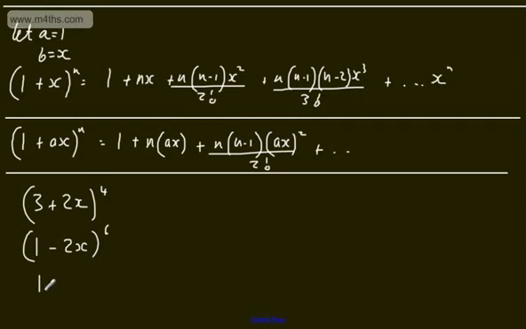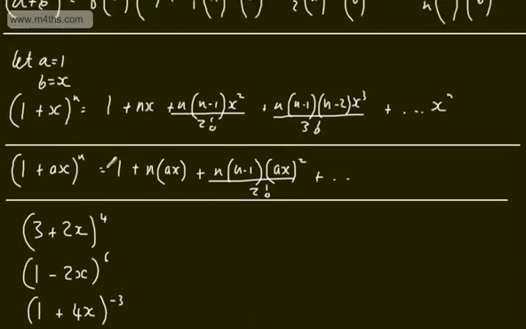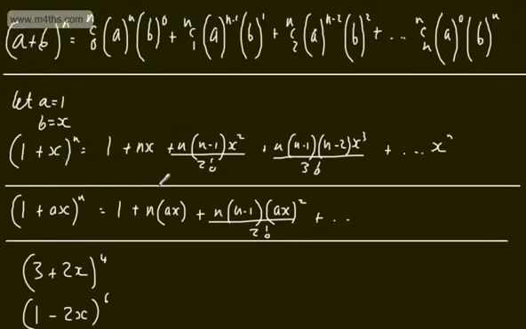I certainly would use it if I had (1 + 4x)^-3. Also, I could use this if I had an unknown power. So if we had, for example, (1 + 2x)^p, I'd go ahead and use the binomial theorem to expand.